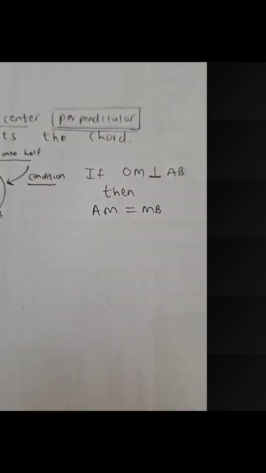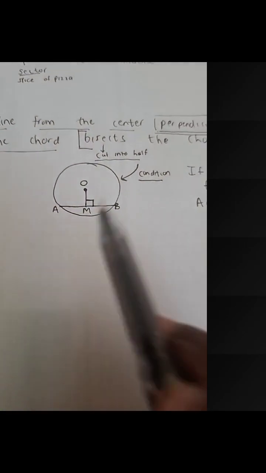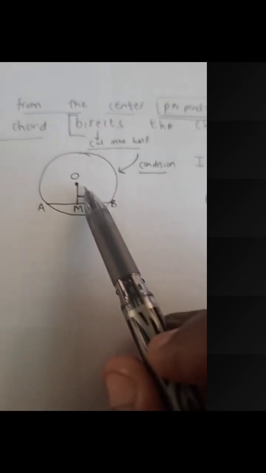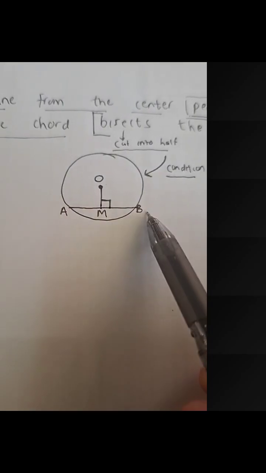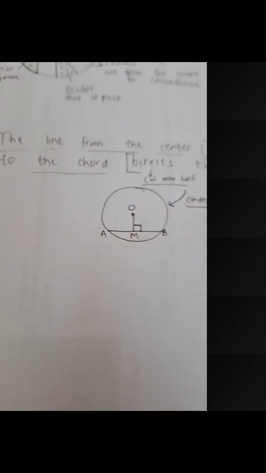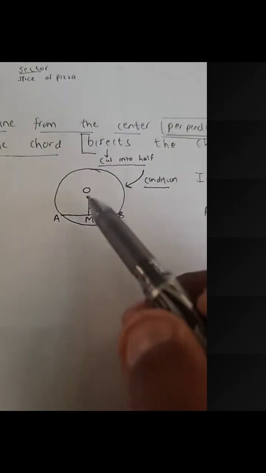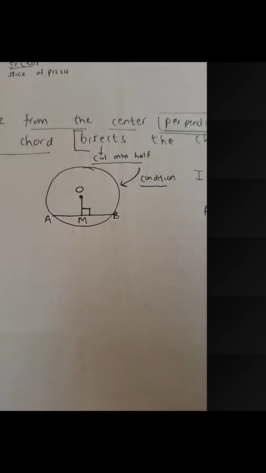Whenever I see a line from the center that is perpendicular to the chord, that particular chord is bisected by this line from the center. That is always the case.